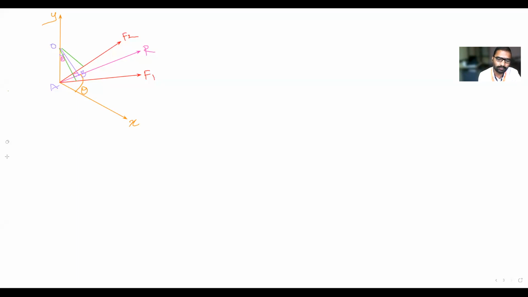The F2 force is at a perpendicular distance D2 from the moment center, and the F1 force is at a distance D1. The resultant force is at a perpendicular distance d. F1 force, that is d1. F2 force, that is d2.